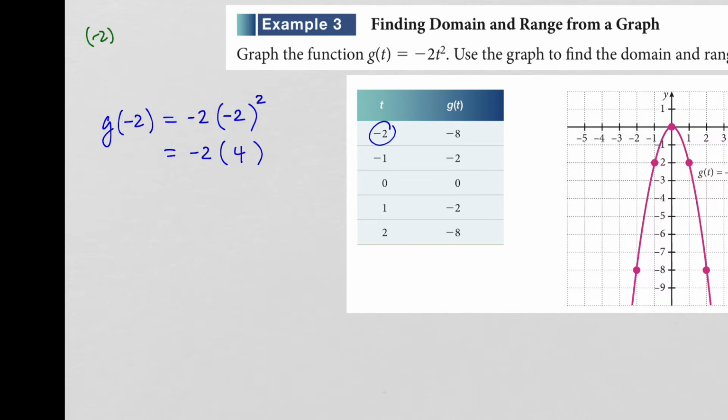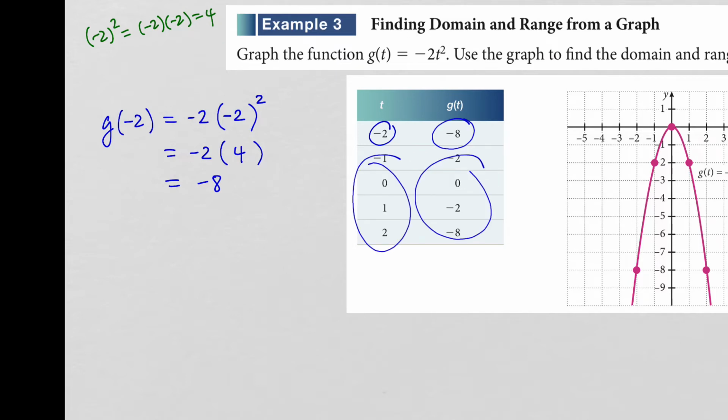Because -2 squared means -2 times -2, which is 4. So in the end, we get -2 times 4, which is -8. Okay, and again, remember your order of operations here. You have to do exponents before you multiply, okay? So that's how they got the value of -8 here, and you could plug the rest of these numbers in to get the rest of these values.